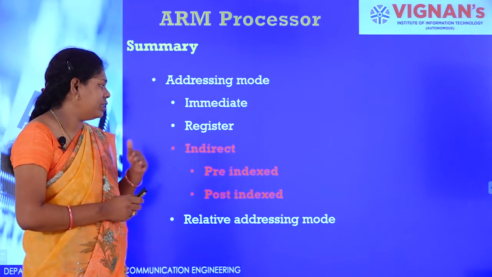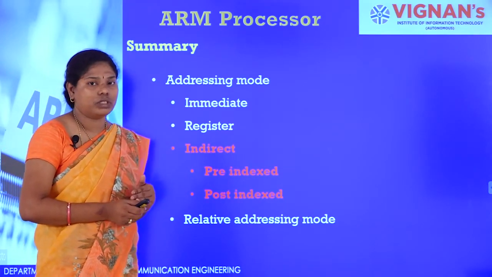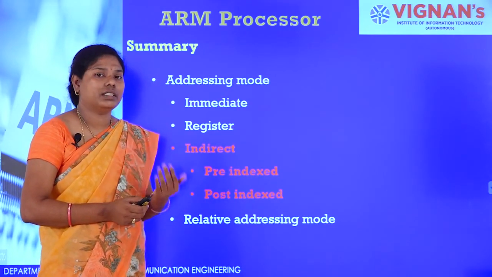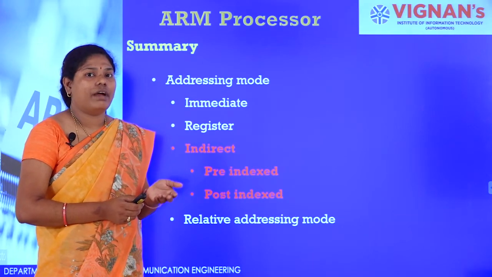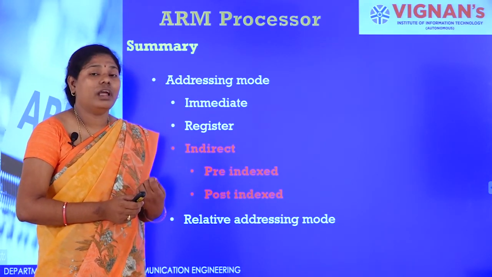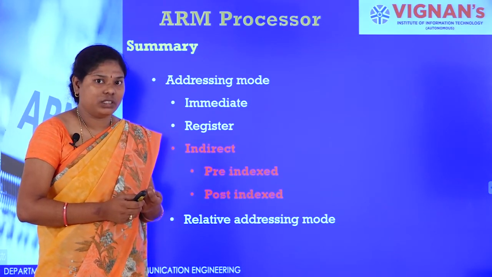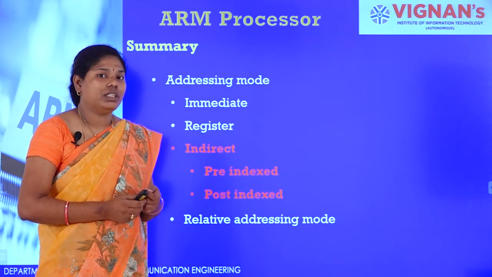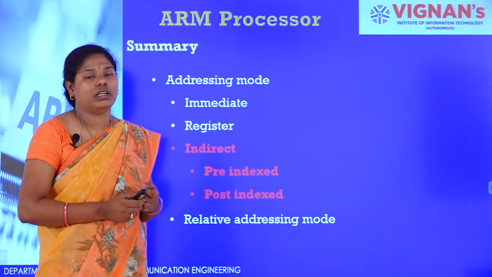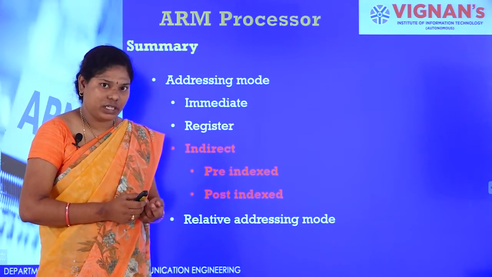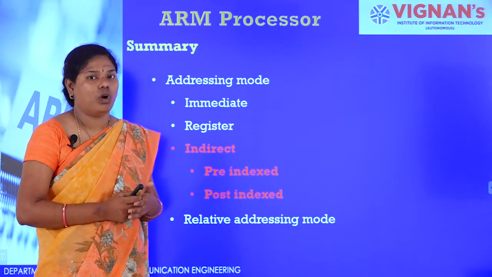Next, coming to the indirect addressing mode, we have again two types, pre-indexed and post-indexed. In pre-indexed addressing mode, the effective address will be generated, then the data will be copied. If it is a write back operation, then the register will be overwritten with the effective address. If it is a normal operation, the effective address will not affect the register. The normal effective address is generated and data will be copied.